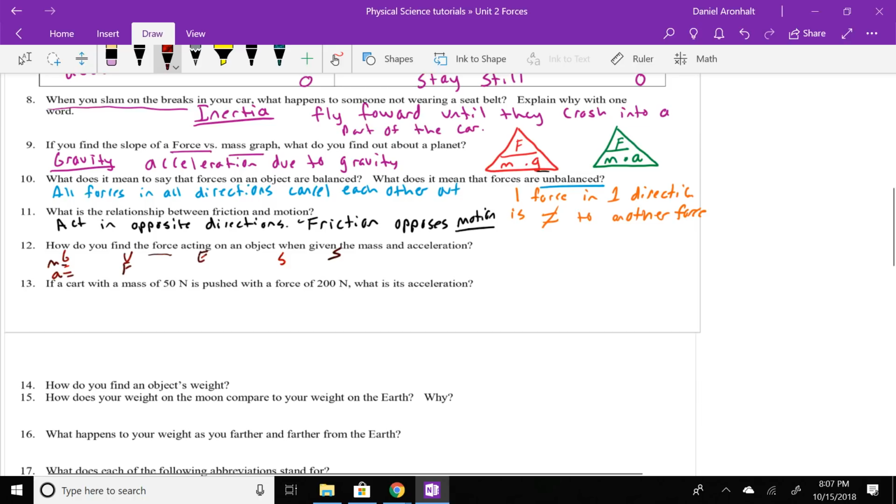Well, cover up the force and see what we're left with. We're left with m times a. So the equation is F equals m times a, or m times g. Since it asks for acceleration, let's use acceleration. Okay, problem number 13.